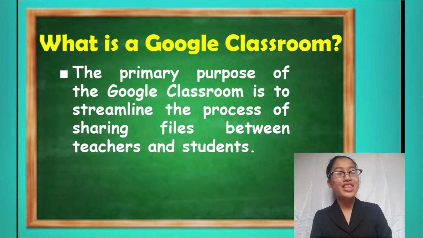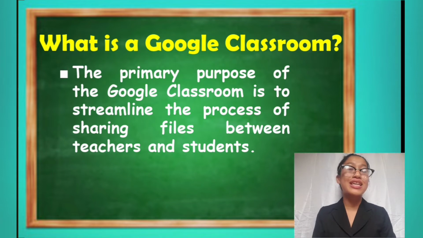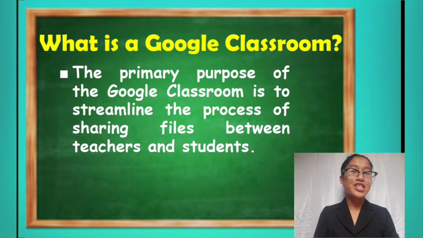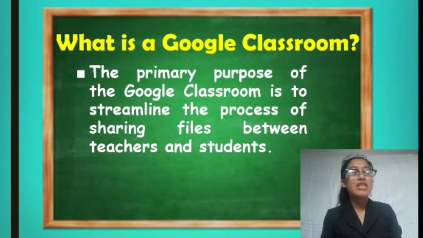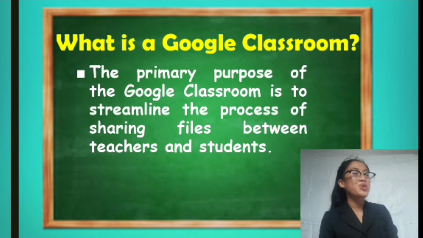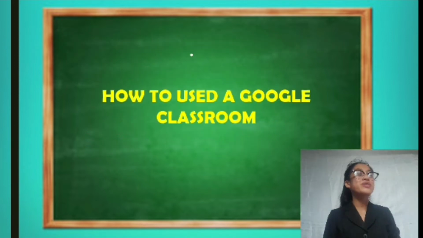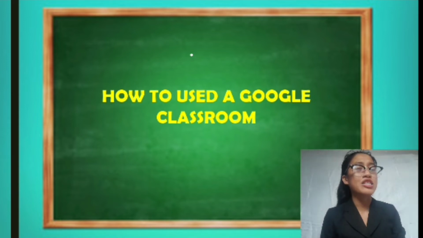So we already know what Google Classroom is and its primary purpose. Now let's start our tutorial on how to use Google Classroom, the different steps, and get to know the different features it has to offer. So how to use Google Classroom? It is an online platform for our classroom.